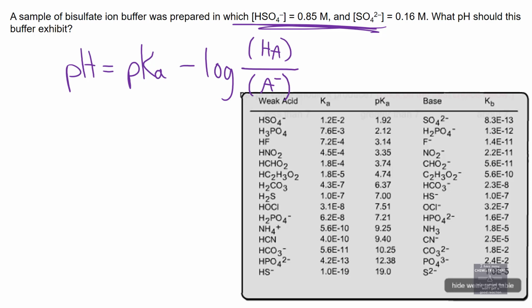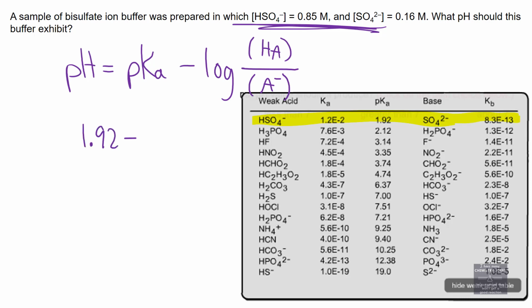In our normal standard pKa table, that means find the row that has both of those things on it. So that's SO4 2 minus and HSO4 minus. It's got to have both things present on the same row for us to be talking about that system.